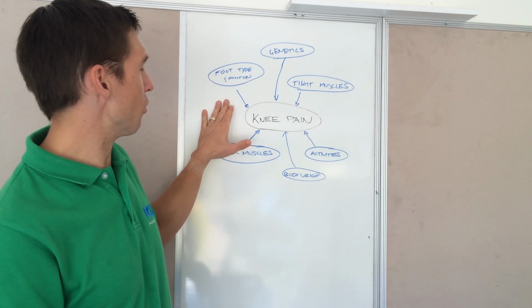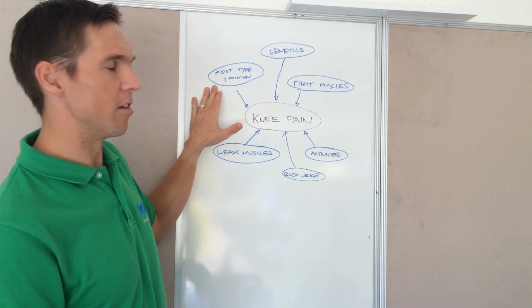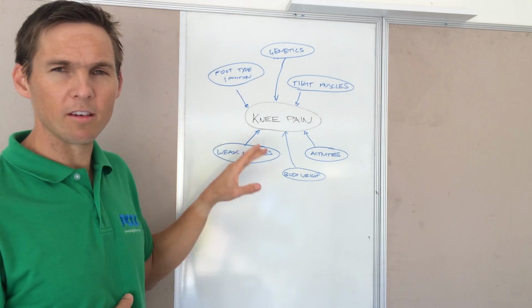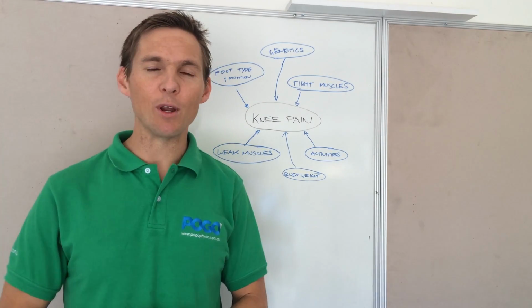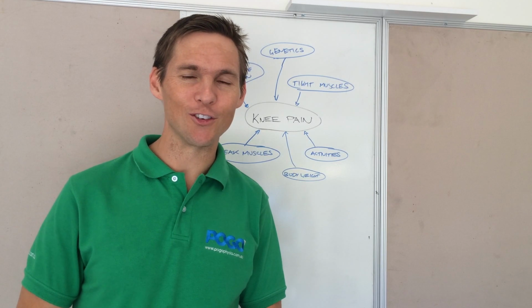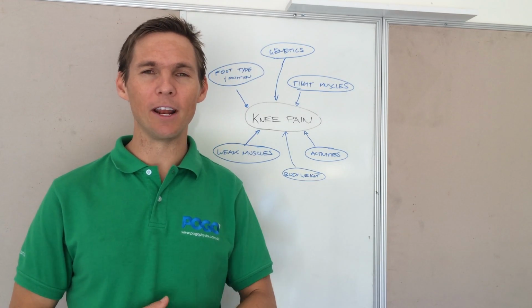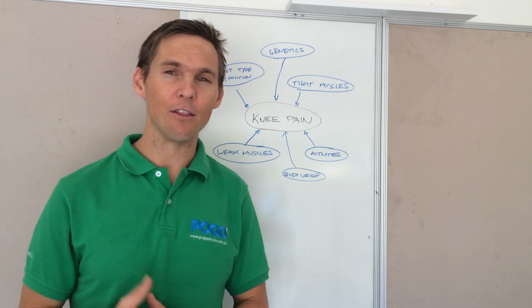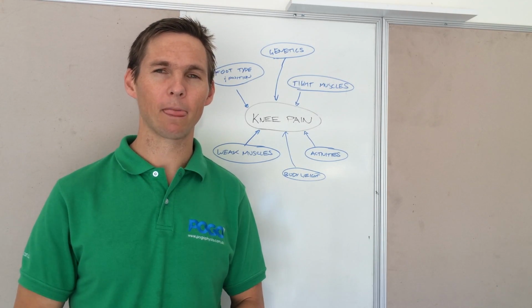One of the other key factors or causes of knee pain is your foot type and position. Quite simply, there's 3 types of feet, I should say. One is the overpronating foot, 2 is the supinated or high arch foot, and 3 is what we call the normal foot.